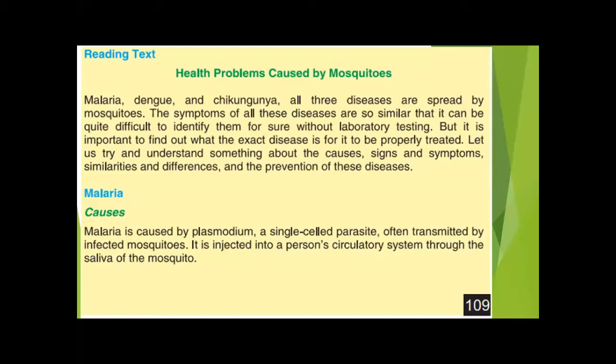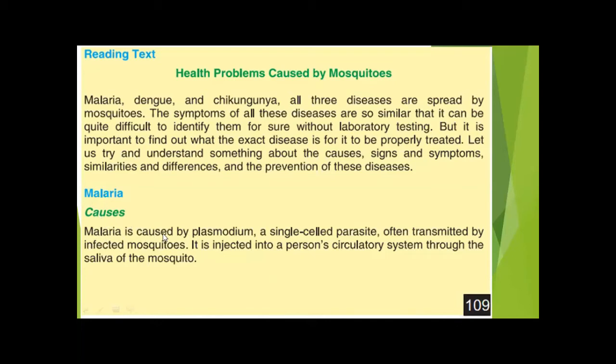These types of diseases are often known to be medical conditions that are associated with specific symptoms and signs, but it is quite difficult to identify them for sure without laboratory testing. So, my dear students, it's time to know about the signs and symptoms, causes, similarities, and differences, and the prevention of these diseases. Now, I'm going to read out the text about malaria. Very first, I'm going to read about the causes.